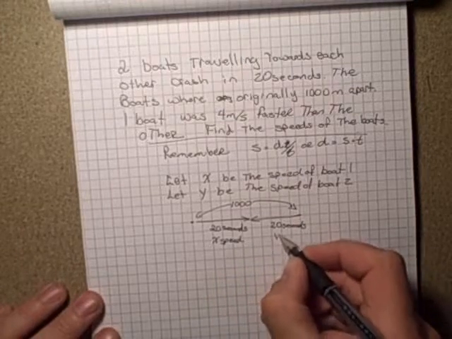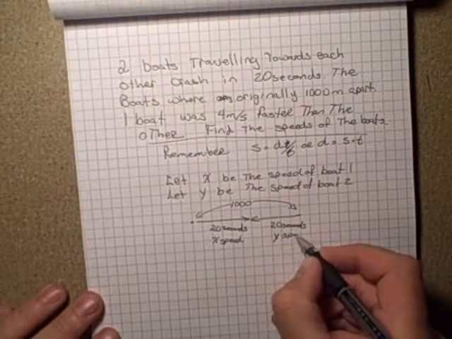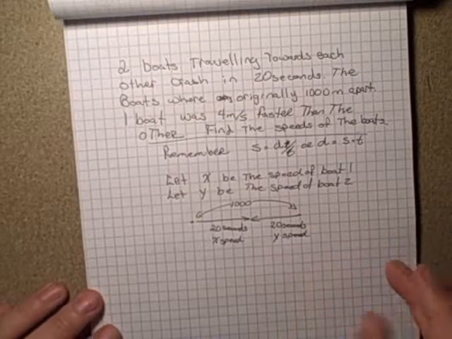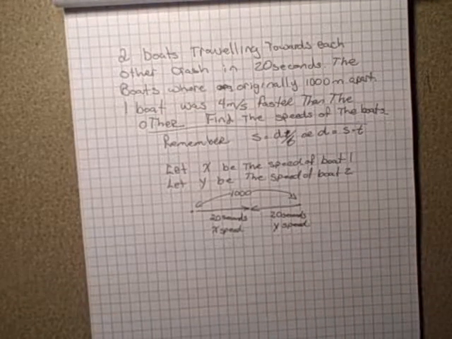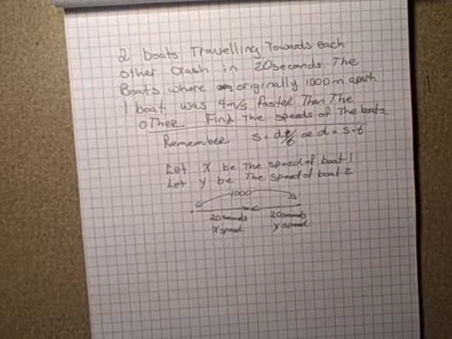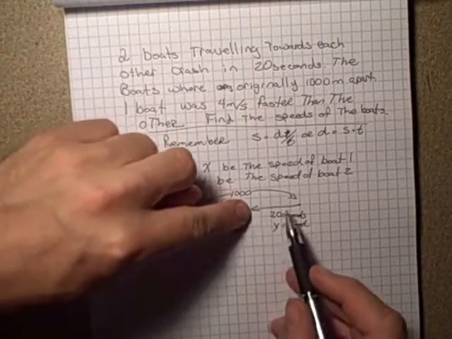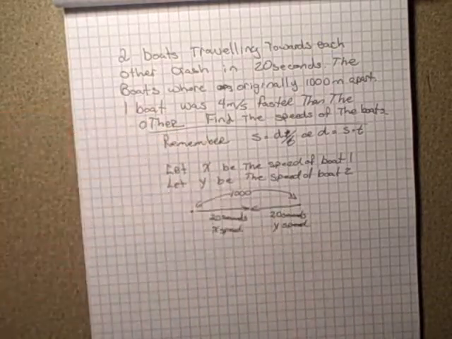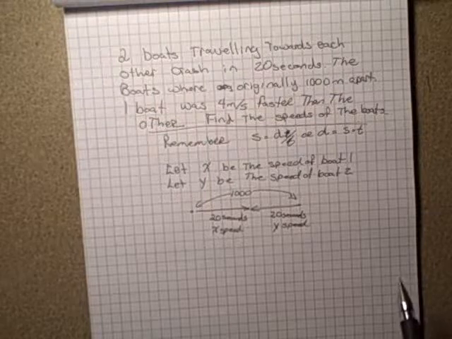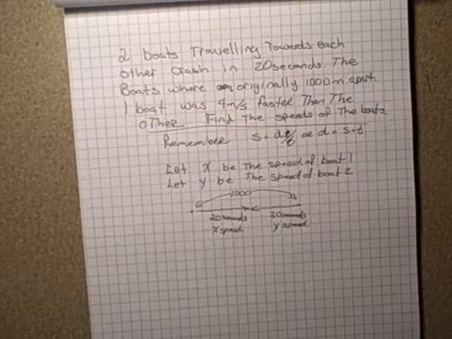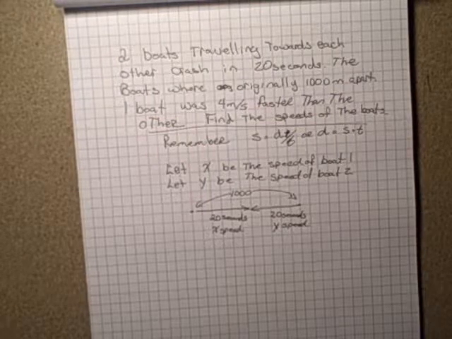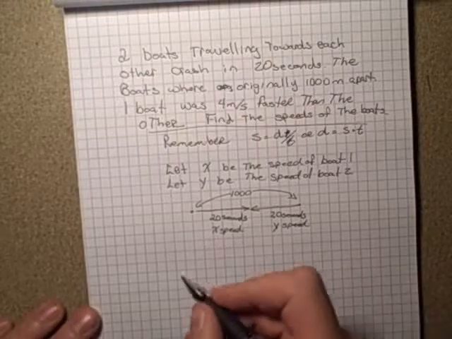And this boat here was going some speed y. So they eventually crashed. So looking at that information, we know that this distance plus this distance is going to be equal to 1,000. And we also know that one of the speeds is 4 more than the other. So we can write out 2 equations.